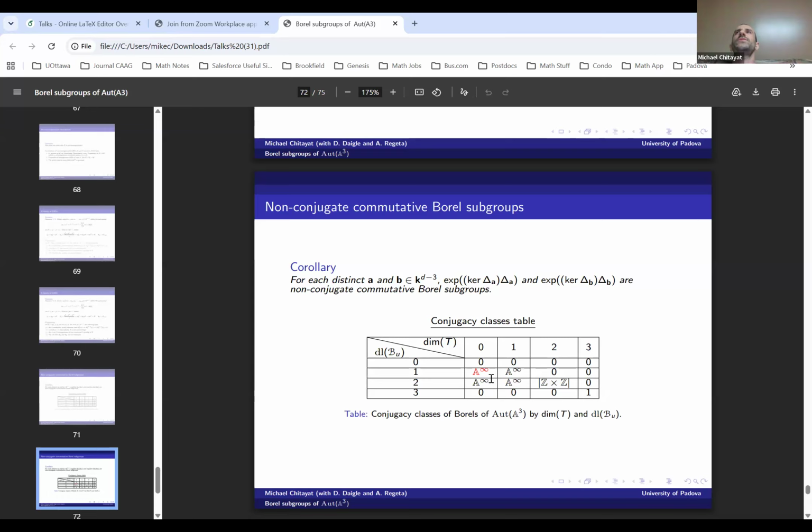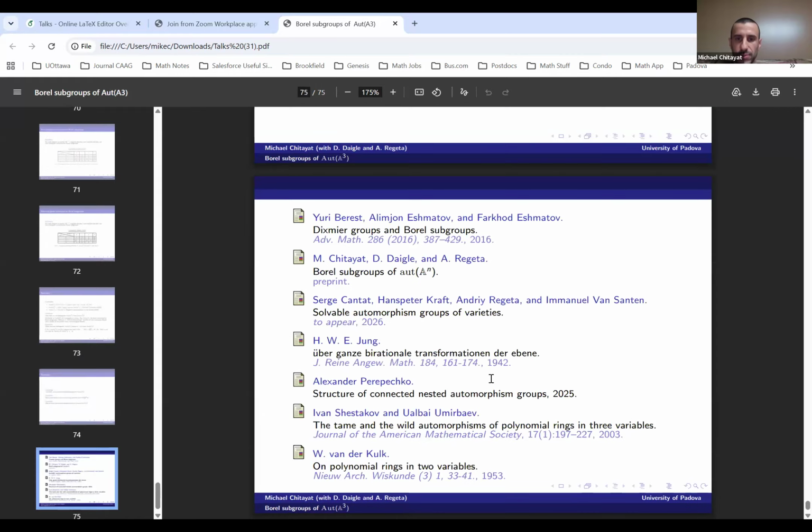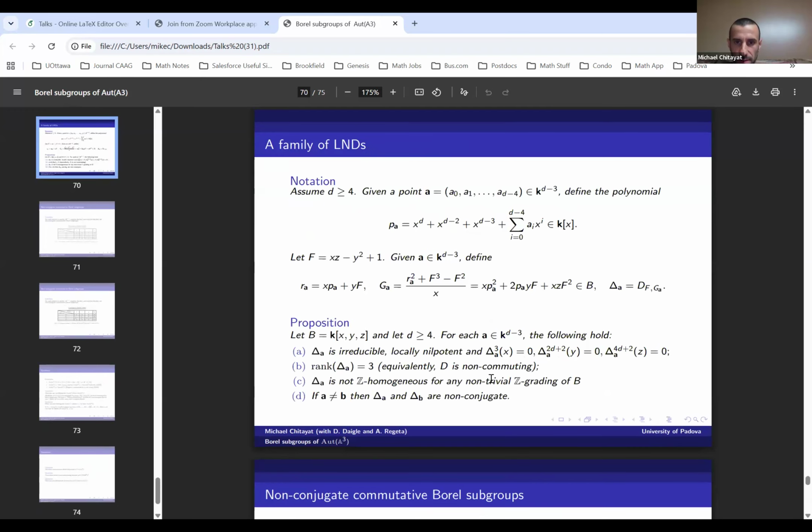Yeah, the 2-0 case. I think we took a pair of commuting derivations, one of which was non-triangularizable. Then we did the same trick as here to cook up a commuting pair that are non-homogenizable.